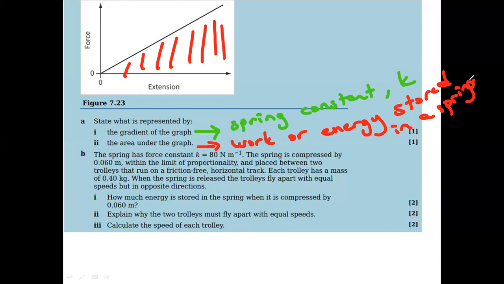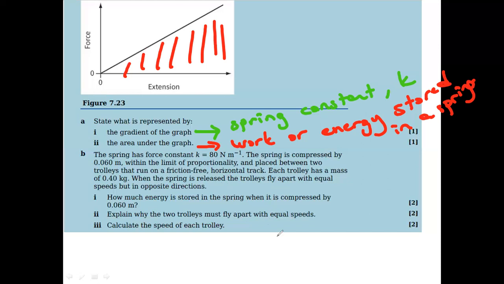Each trolley has a mass of 0.4 kilogram. When the spring is released, the trolleys fly apart with equal speeds, but in opposite directions. And question I: how much energy is stored in the spring when it's compressed by 0.06 meter? That is the question.